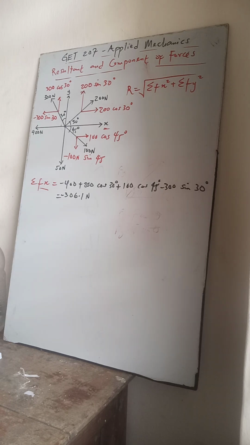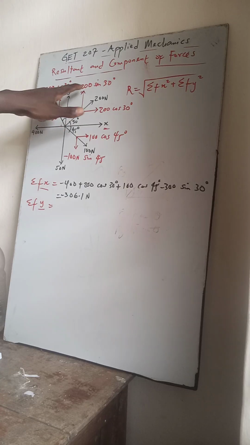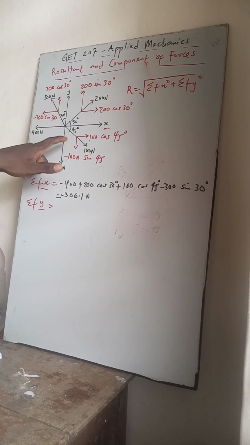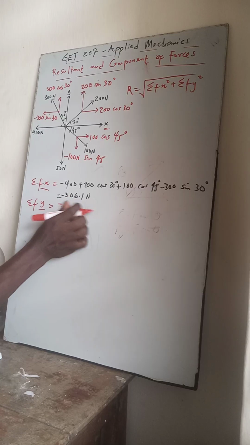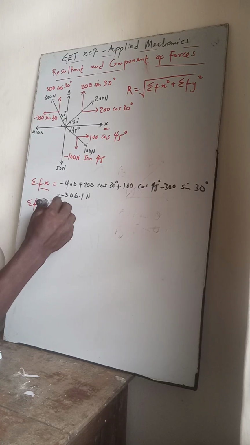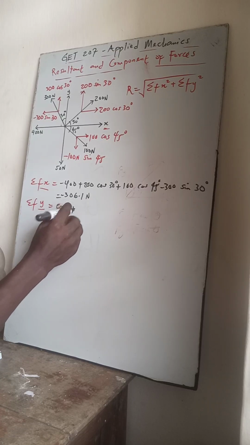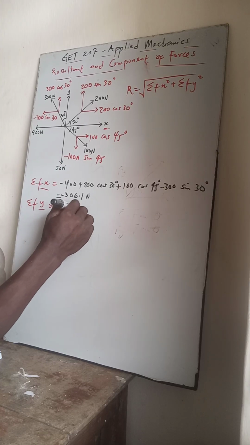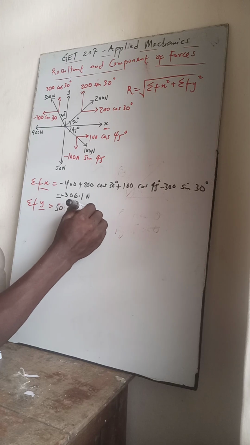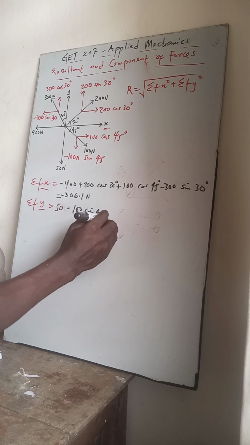So for the y-axis, you have to calculate all the components that are tending to the y-axis. So we have this, this, this, and this. Those are the four. Let's start from here. We have 50 Newton plus, here we have minus 100 sine 45.